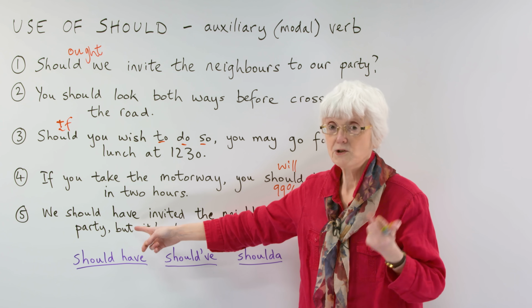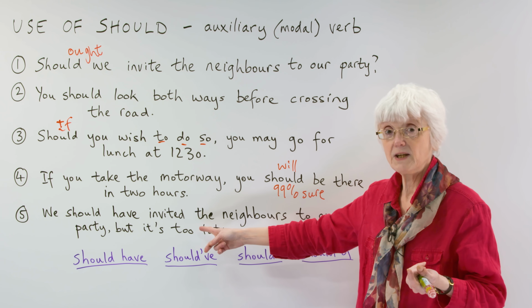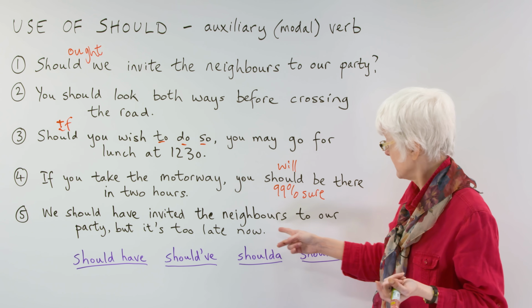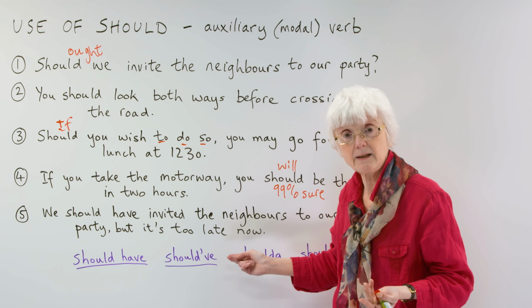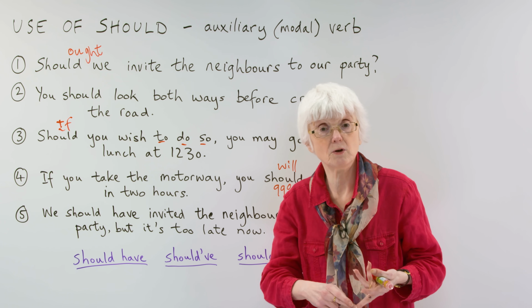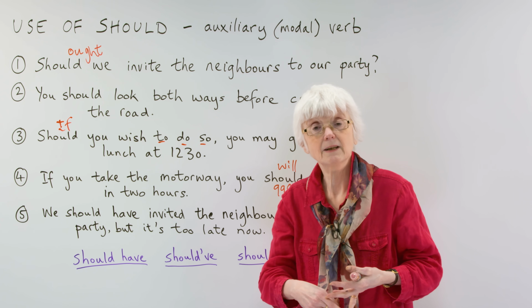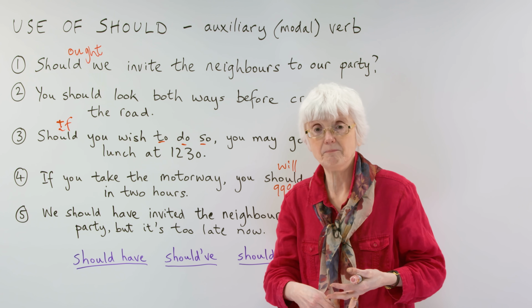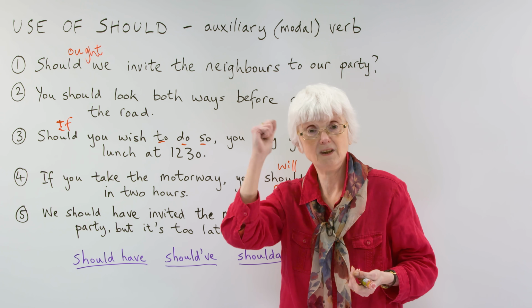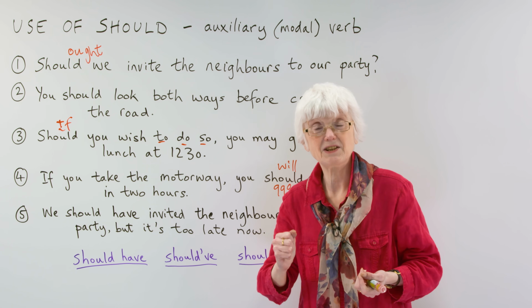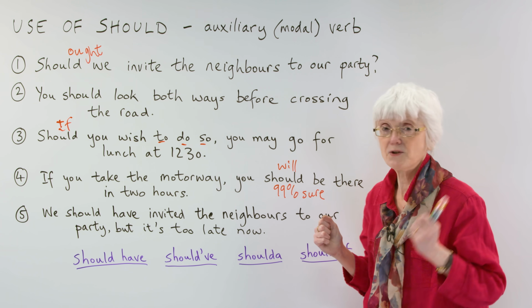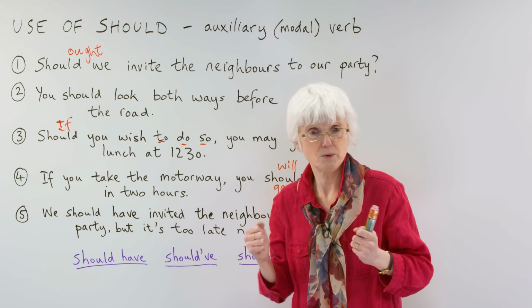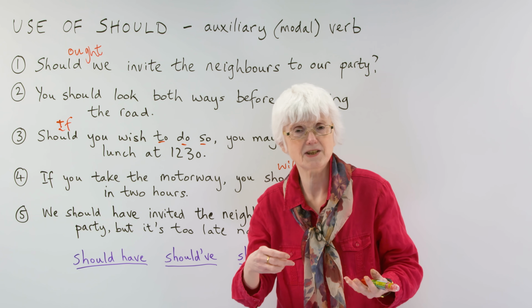So we should have invited the neighbours to our party, but it's too late now. It's 3 o'clock in the morning, 4 o'clock in the morning, and the neighbours are maybe banging on the wall, trying to get us to stop the noise.